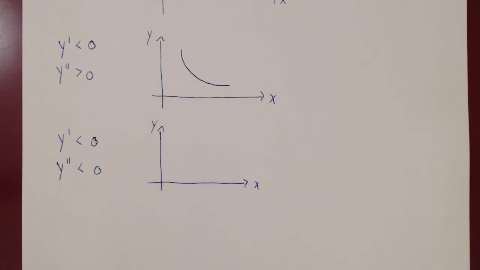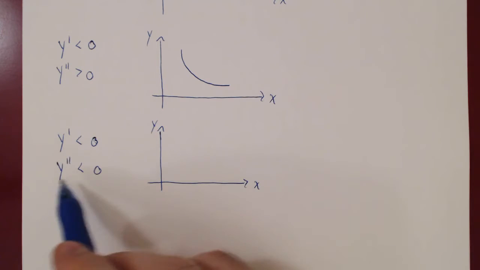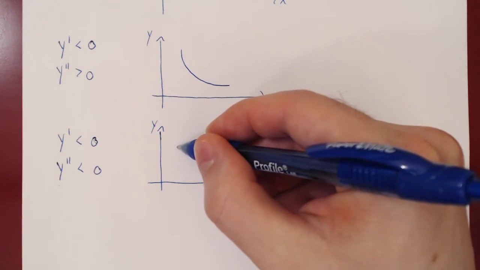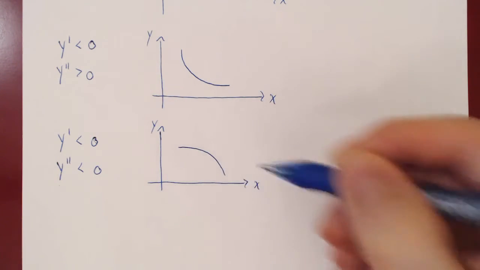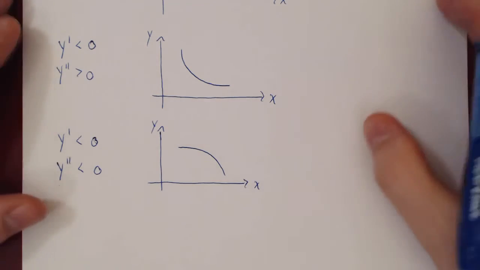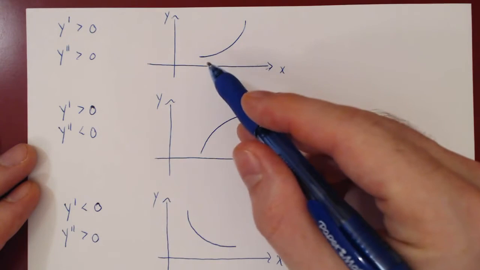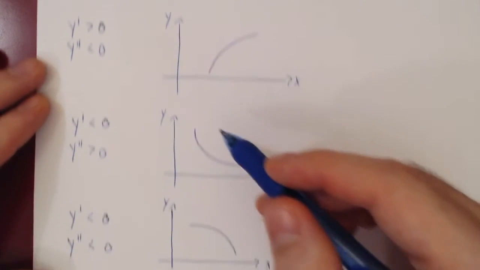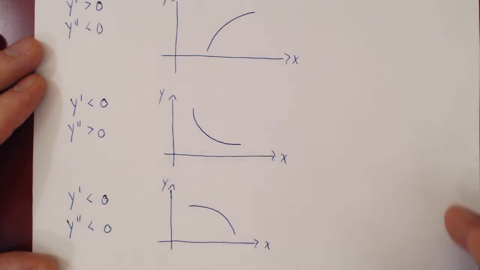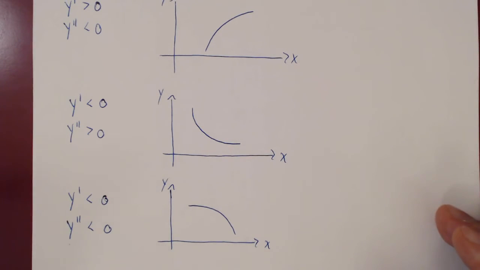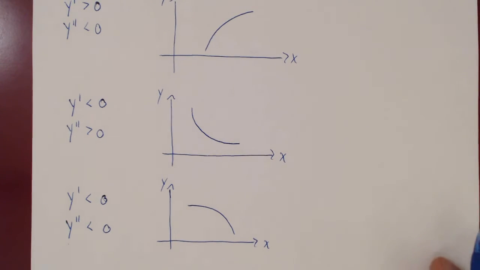And the only way to sketch a graph of a function that is decreasing and concave down is if it looks something like this. So you see, with the help of the first and the second derivative, you will be able to sketch very accurately the shape of the graph of the function y equals f of x.